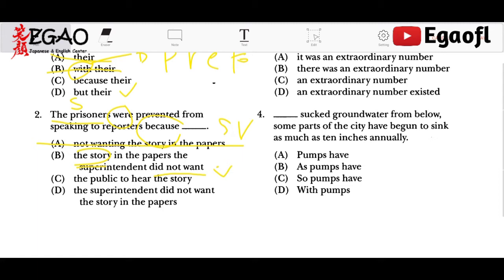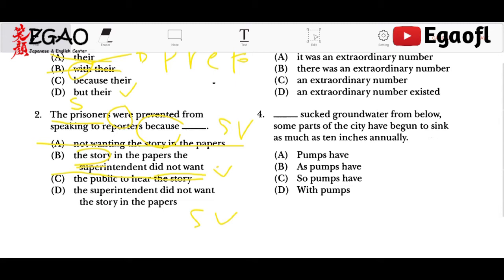But let's take a look at the others. C. "The public to hear the story," there is no verb here. And D, "the superintendent did not want the story in the paper." It is SV again. So B and D are actually SV.